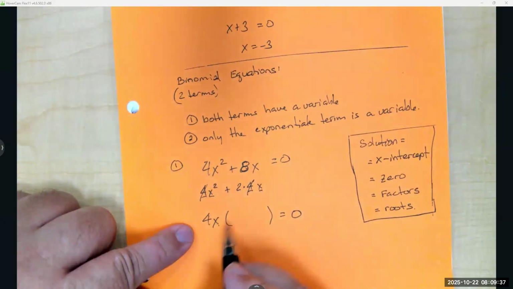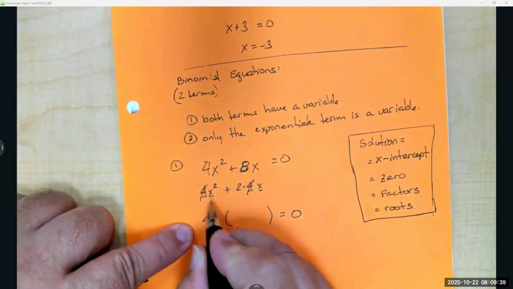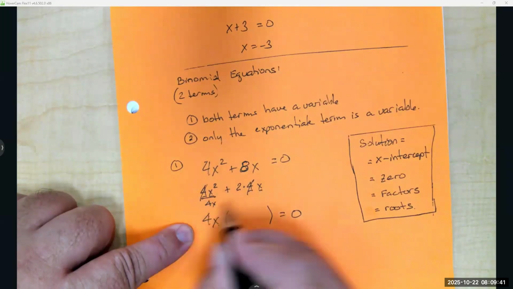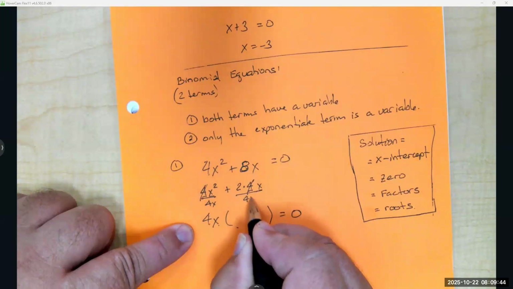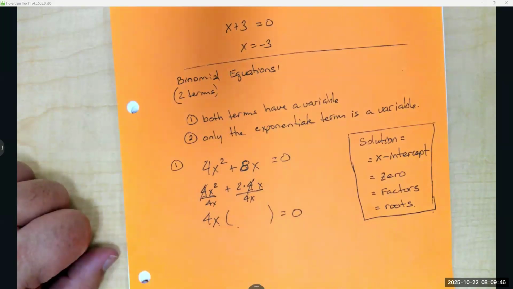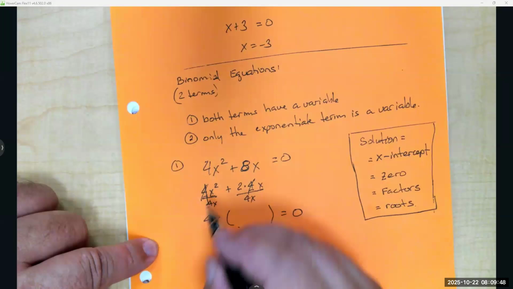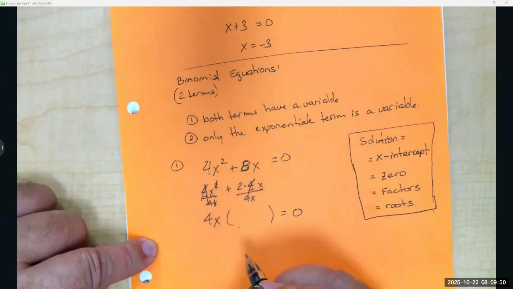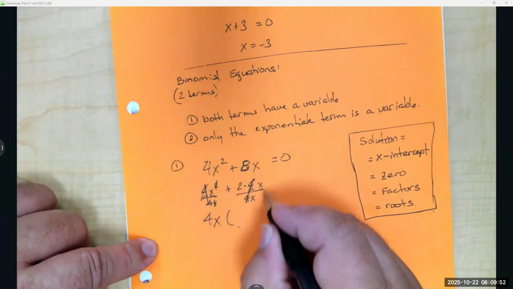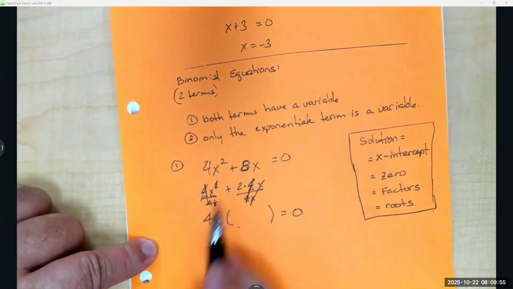So here's the easiest way. Whenever you do factoring, to see what goes inside here, divide all of these by what you factored out. The 4's cancel. One of my x's cancel. So what do I have left in this equation on top?